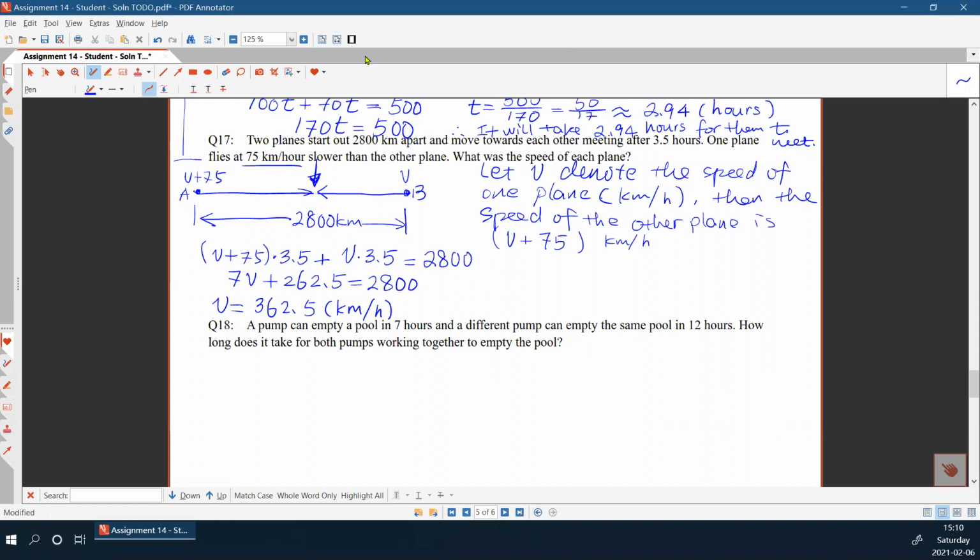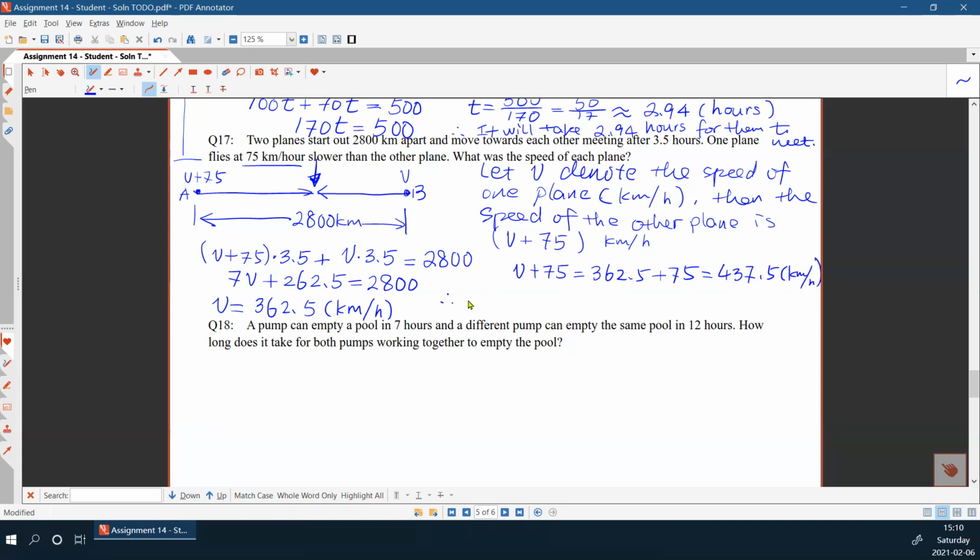So this is the speed of the slower plane. And v plus 75 is the speed of the faster plane, right? This is 437.5 kilometers per hour.